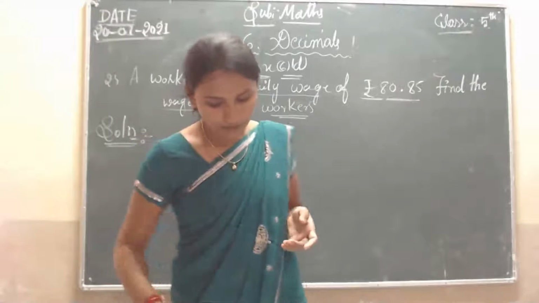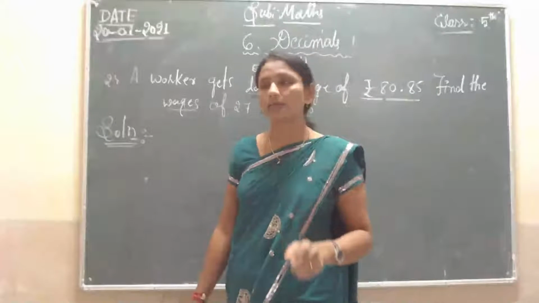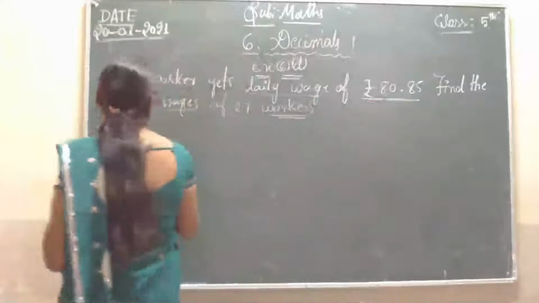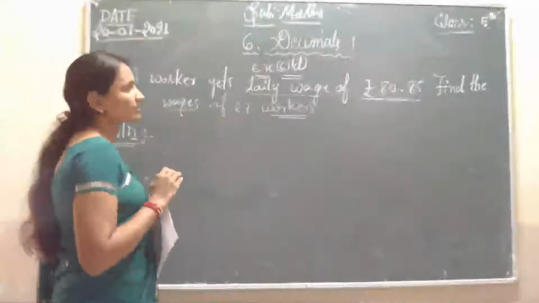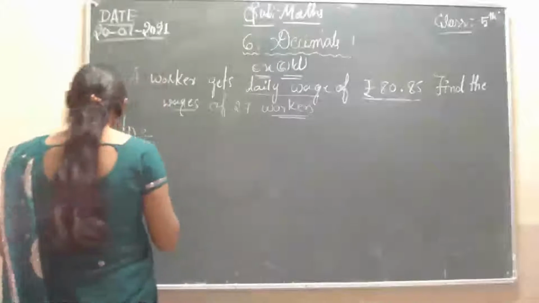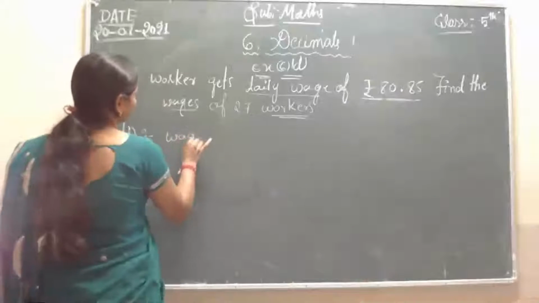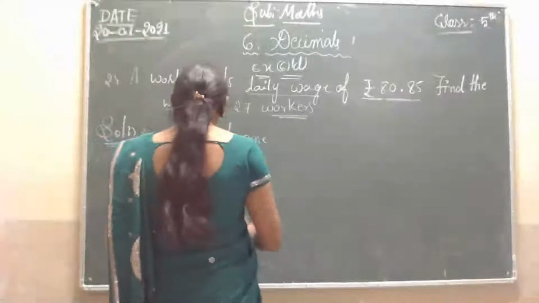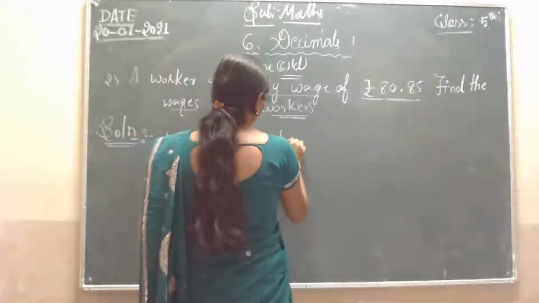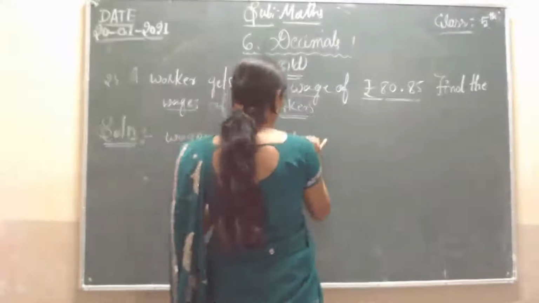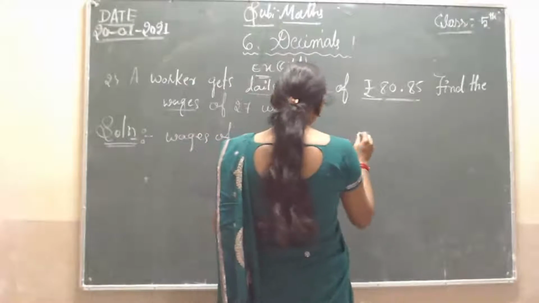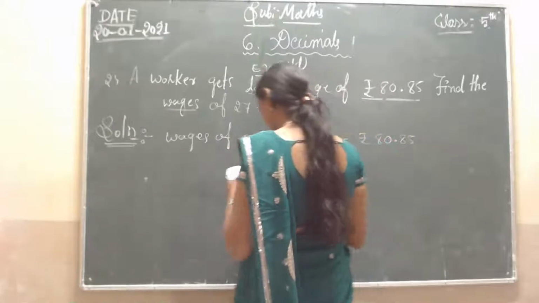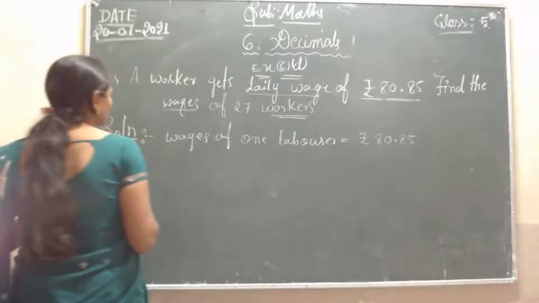The first sentence: the wages of one labourer is 80 rupees 85 paise. Afterwards, the wages of 27 workers.